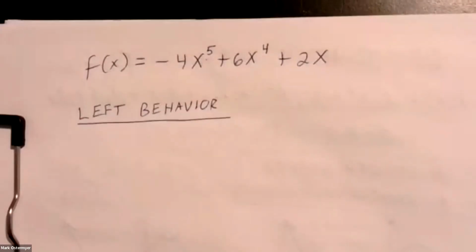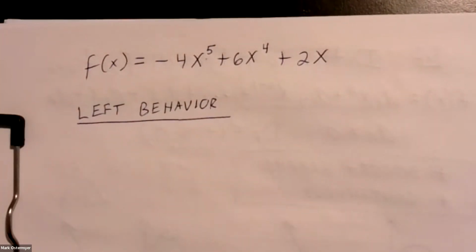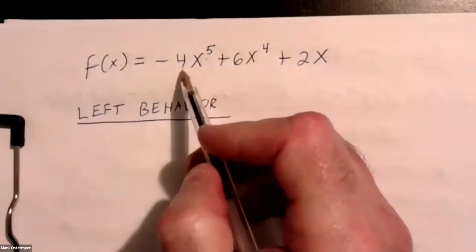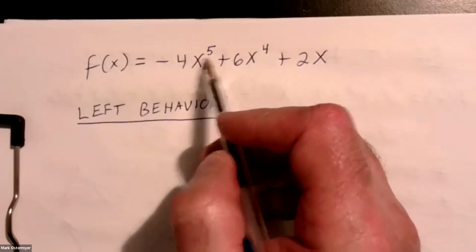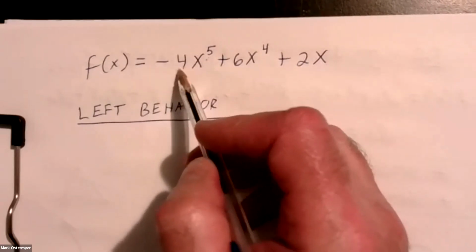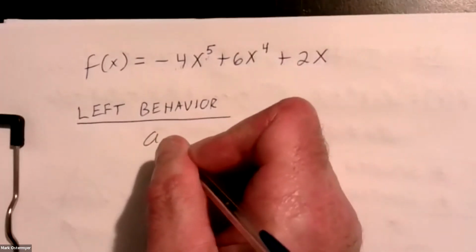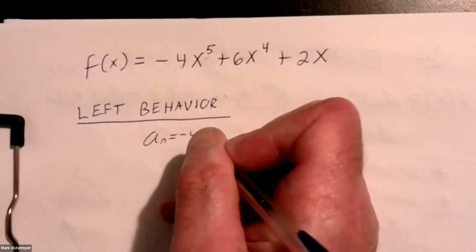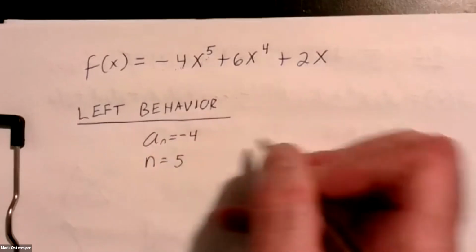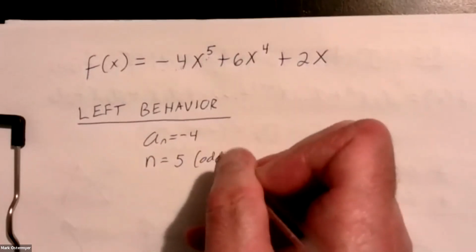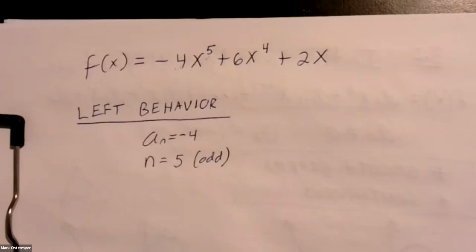And so from that theorem that we just looked at, what would be the left behavior of this graph? Does the graph go upwards or downwards for an odd degree polynomial with a negative leading coefficient? See, your leading coefficient is negative, and your degree is what? An odd degree. Okay. So what would be the left behavior of this graph here?